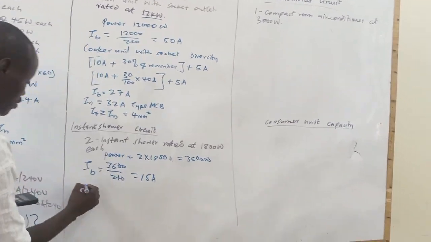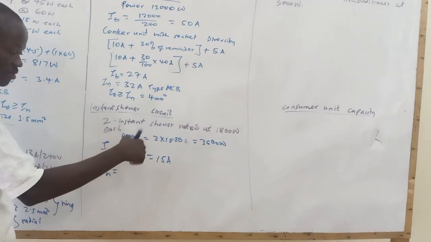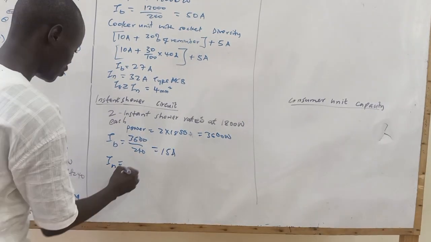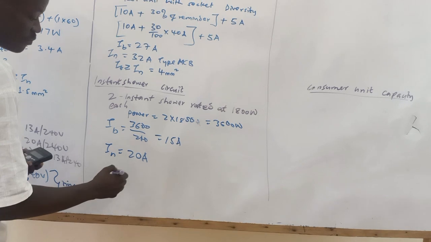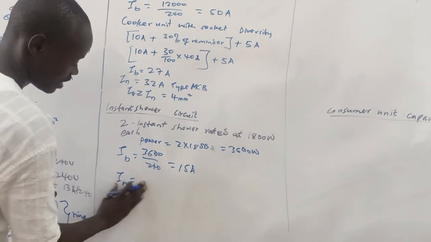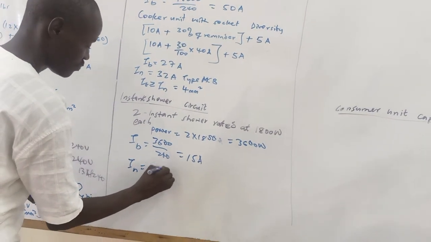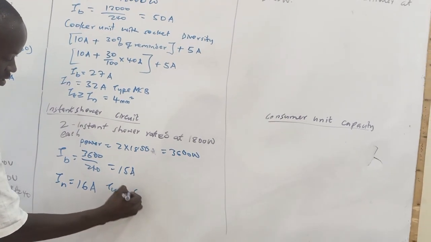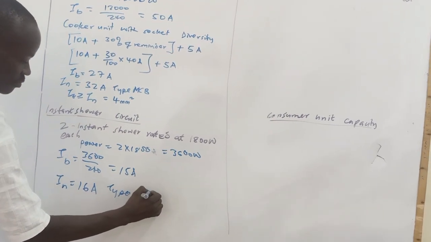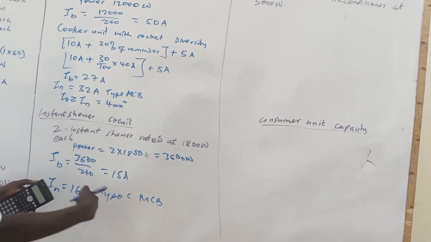You go for the nominal setting IN. The one that is closest to this should be 20 amperes. No, we have 16 amperes. So we have a 16 ampere type C MCB. Remember, I'm not guessing.